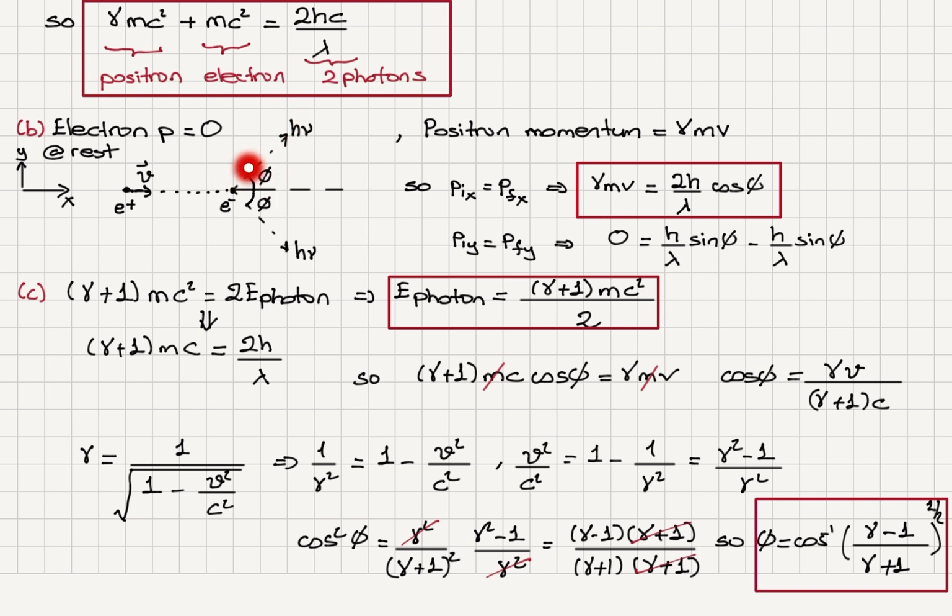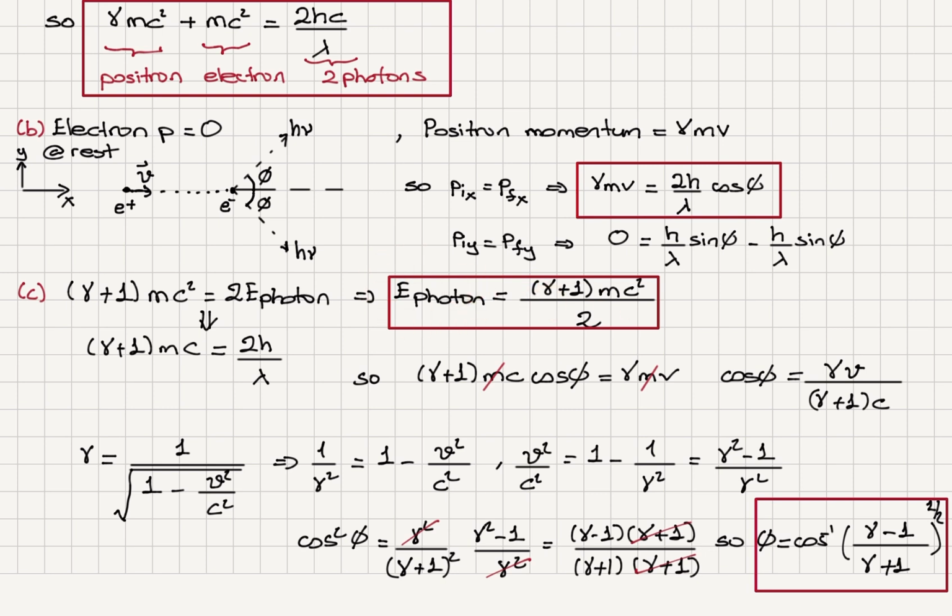So h over lambda cosine phi plus h over lambda cosine phi. The y component was 0 to start with, and it is 0 for the final configuration as well. Now, if I look at this equation, (gamma plus 1) mc squared is equal to twice the energy of the photon, I obtain energy of a photon to be (gamma plus 1) mc squared over 2.